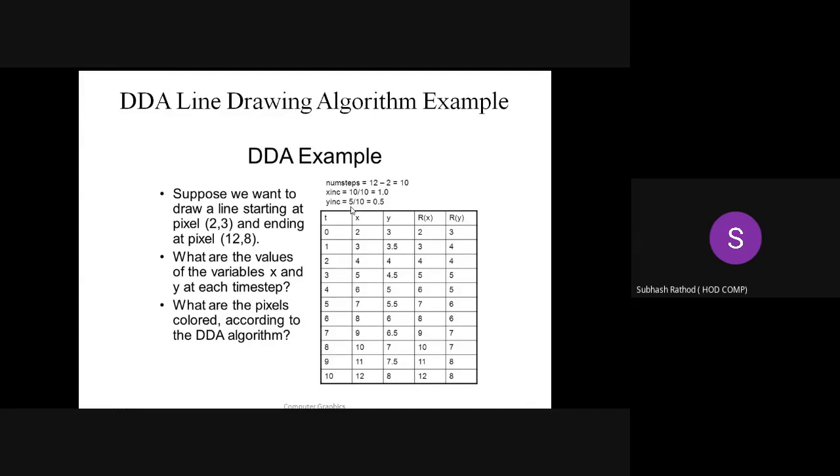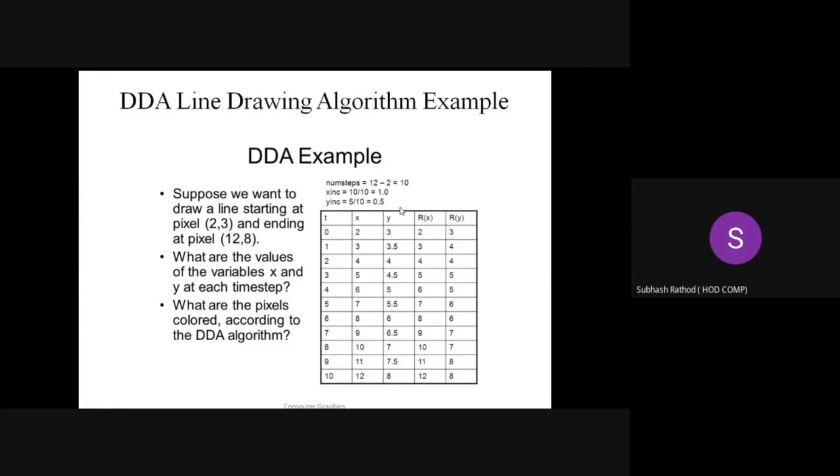How does this 5 come? 8 minus 3 equal to 5, means 5 divided by 10. Then you will get this increment, x increment. You will get x increment equal to 1.0, y increment equal to 0.5.